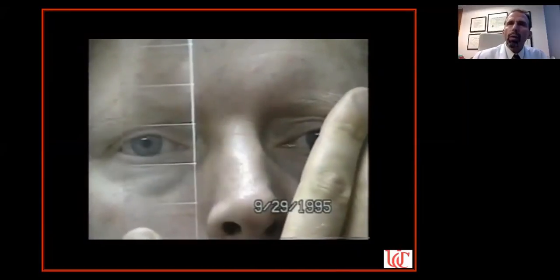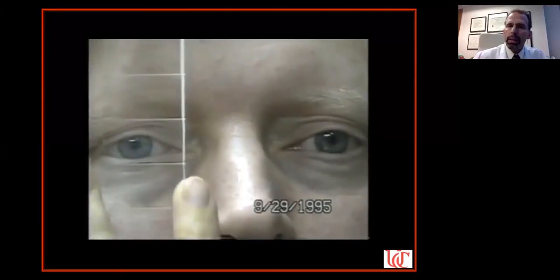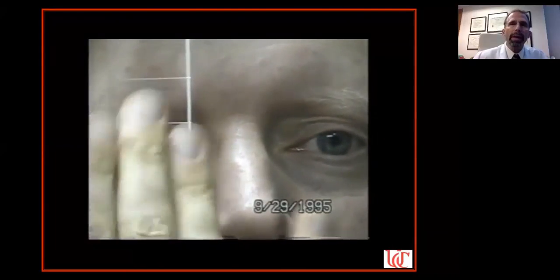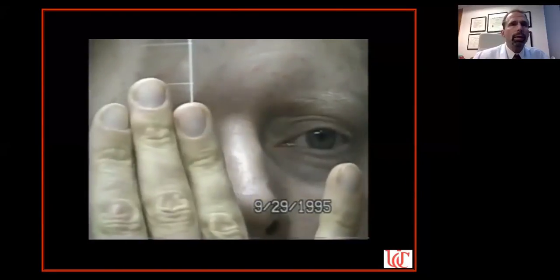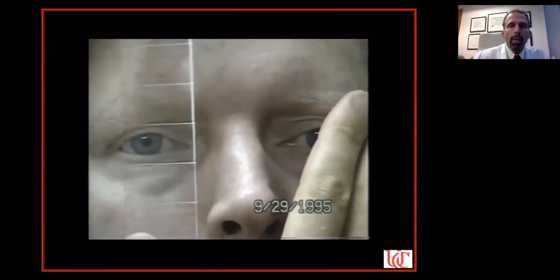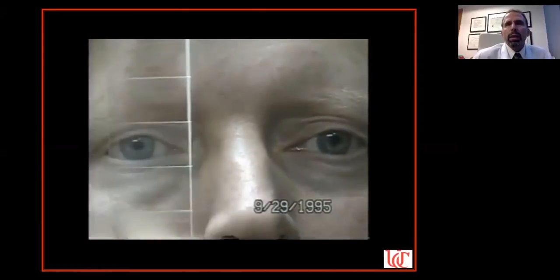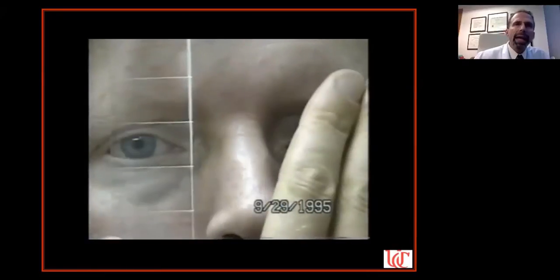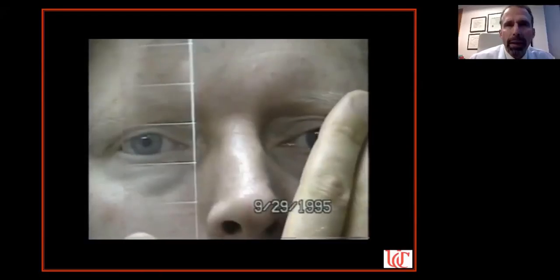You can very quickly determine whether this is comitant by simply turning the patient's head to the left, doing your cross-cover test, no movement. Turn the patient's head to the right, no movement, up and down, no movement. It is a comitant exophoria. Now, if there's a little bit of movement, and you say, oh, it's 10 when he's looking straight ahead, it's 12 when he looks to the left, 12 when he looks right, that's relatively comitant.